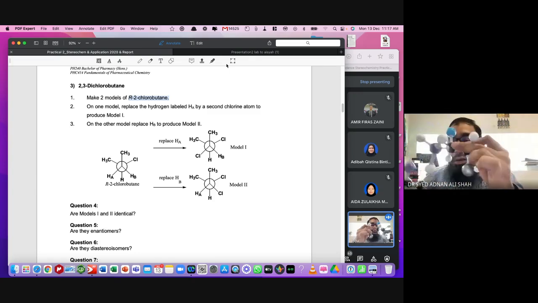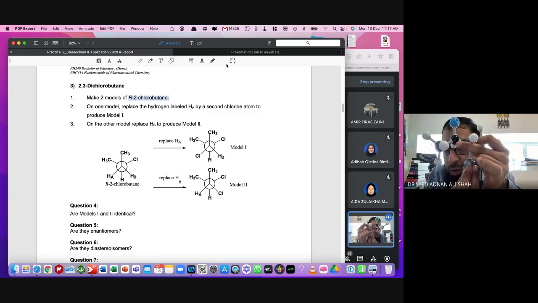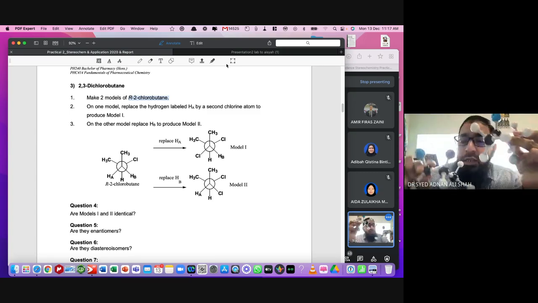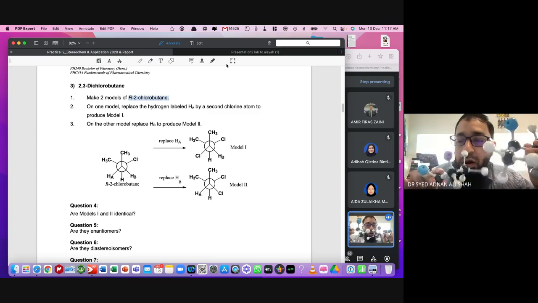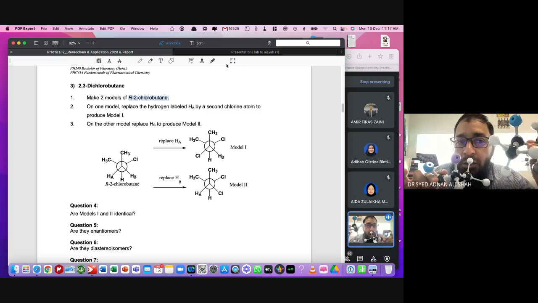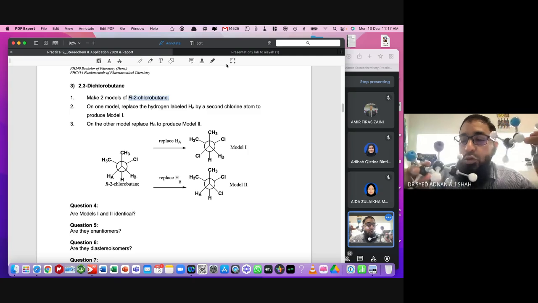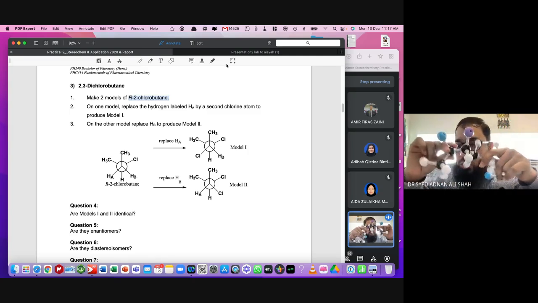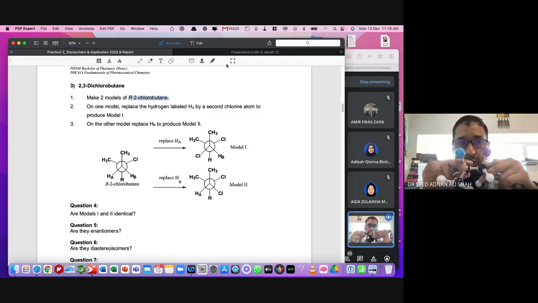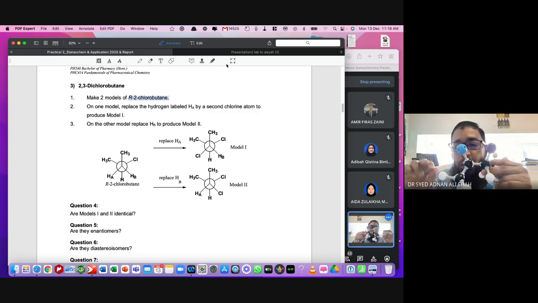And then here at the bottom you can see this one, which is Hb. I replace this Hb with the chloride. So these are the two models, both of which come from R-2-chlorobutane. So both are 2,3-dichlorobutane, right?